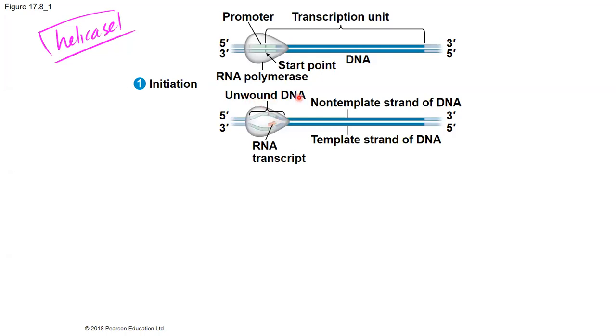So unwound DNA means the two strands are being separated from each other. Then the RNA polymerase will start building a new RNA primary transcript using one of the strands as a template. So here in this example, the bottom strand is the template strand of DNA. It could be the top, but here it's the bottom strand. This is initiation.